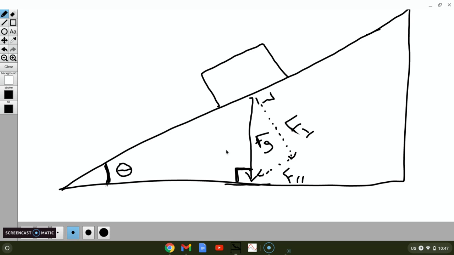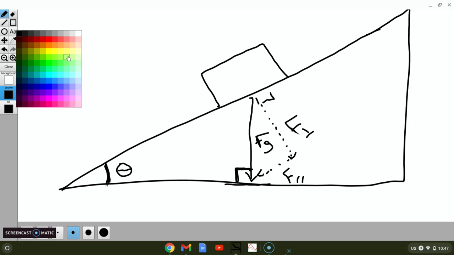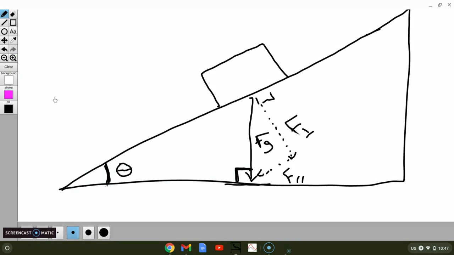Now, if we do a little work here, if this angle here is theta, that means that this angle here is 90 minus theta. All right. Now, if this angle here is a right angle, it means that the other side of that is a right angle. So if this angle is 90 minus theta, what does that mean?